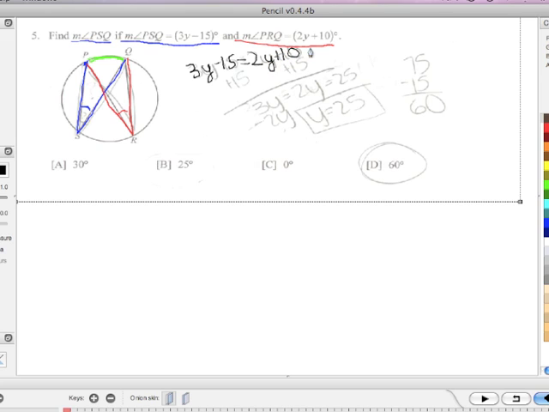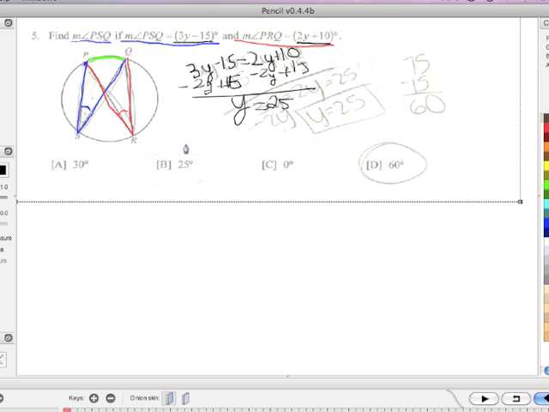Those are these two givens. You solve this for y in one step. Subtract 2y, add 15 to both sides, and you get y equals 25.